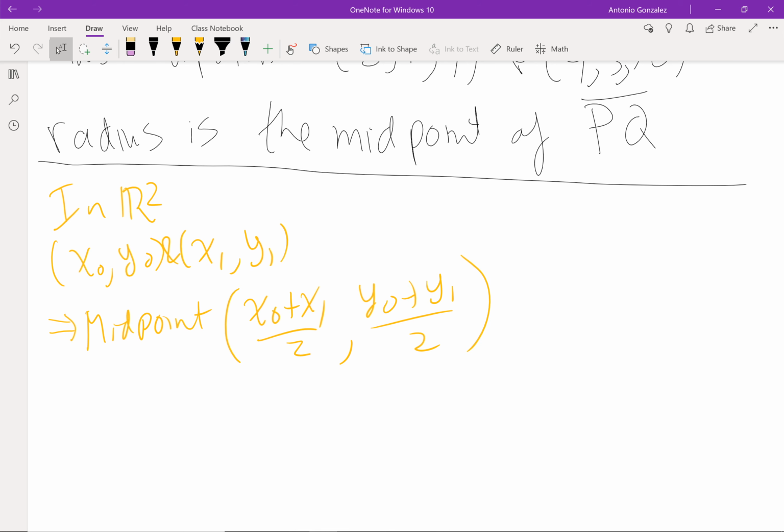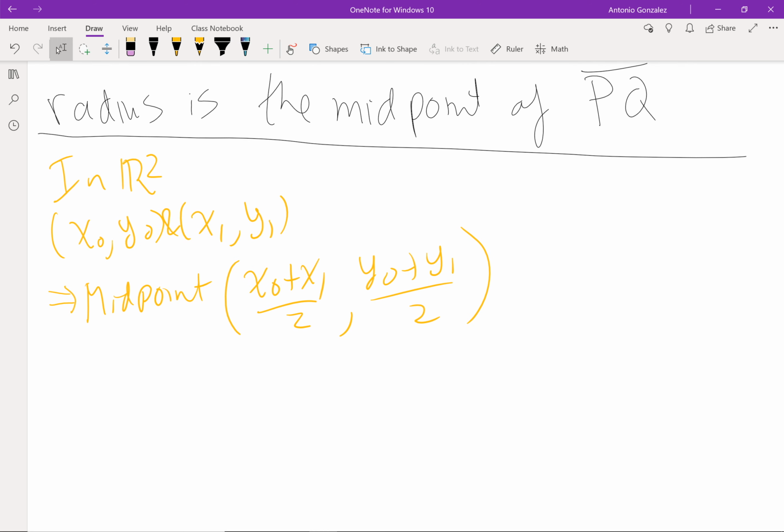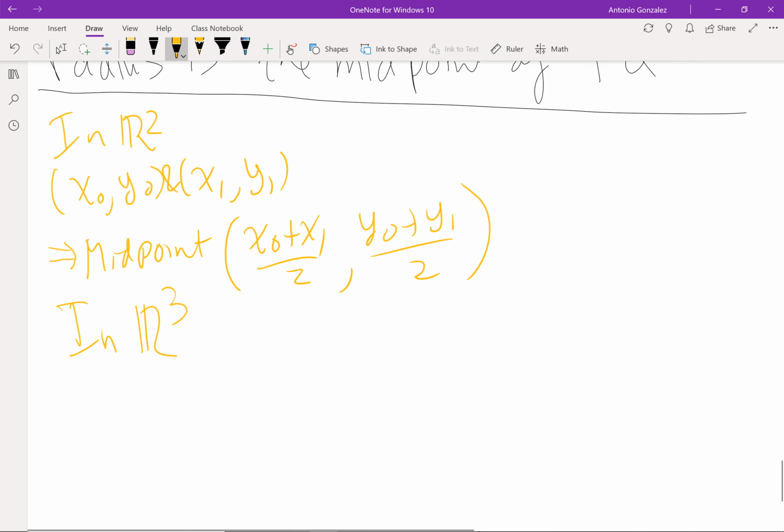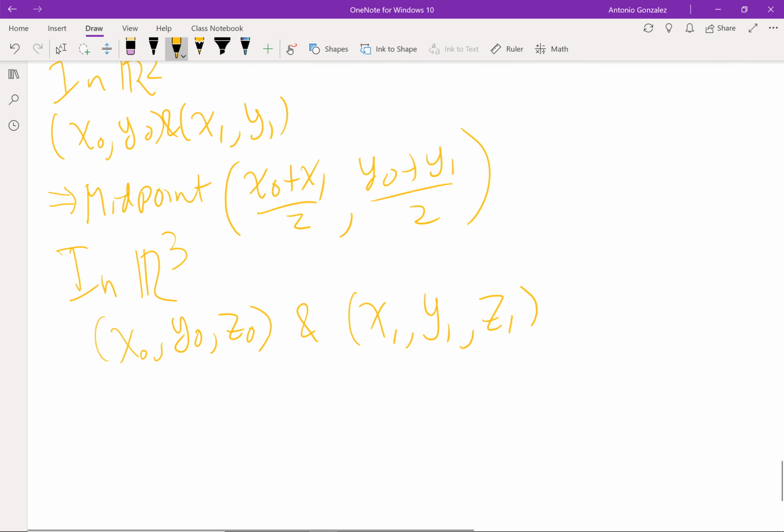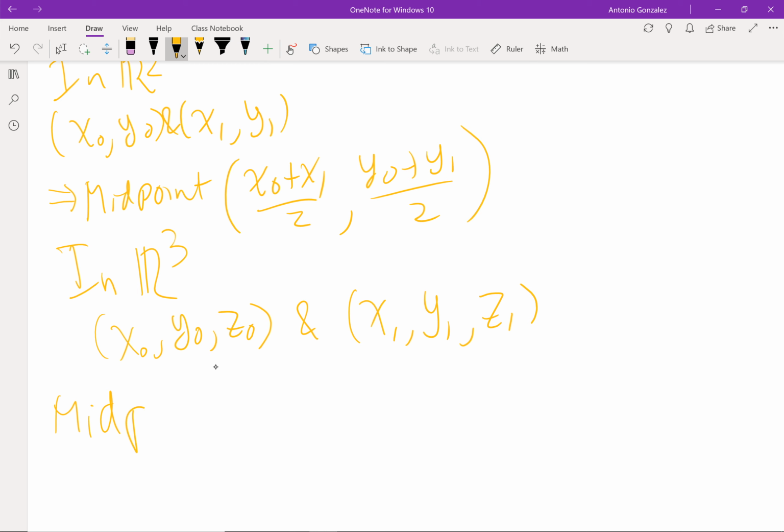It's essentially an average, right? Average in the x direction, average in the y direction, and that coordinate is the midpoint of the line segment between (x0, y0) and (x1, y1). And that exact same thing translates into R3. Given (x0, y0, z0) and (x1, y1, z1), the midpoint is just the average in all three directions.